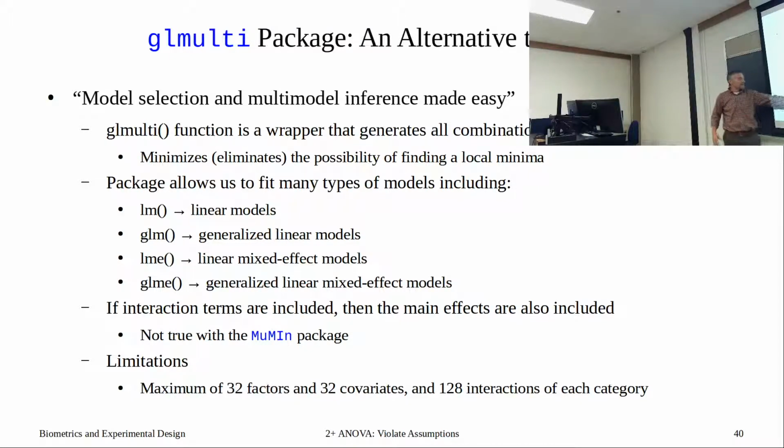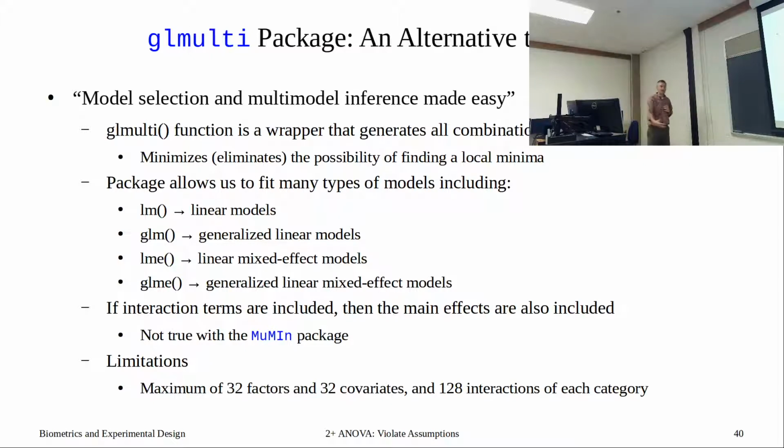The alternative is this MuMIn package, which would also do the same function. It would take our full model and create all possible combinations and then report only the best models. The downside of MuMIn is that it doesn't pay attention to those interaction terms. And we have that very strict rule that if we have an interaction term, then we have to include the main effects with it.